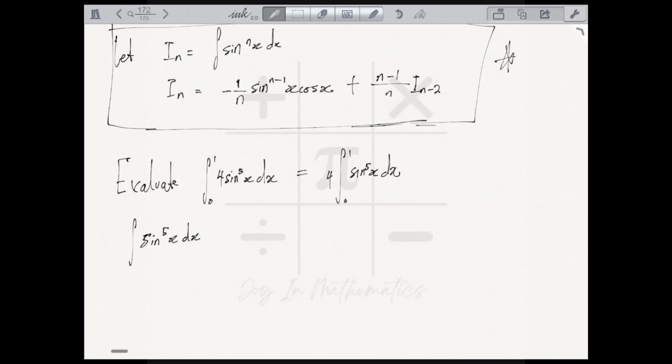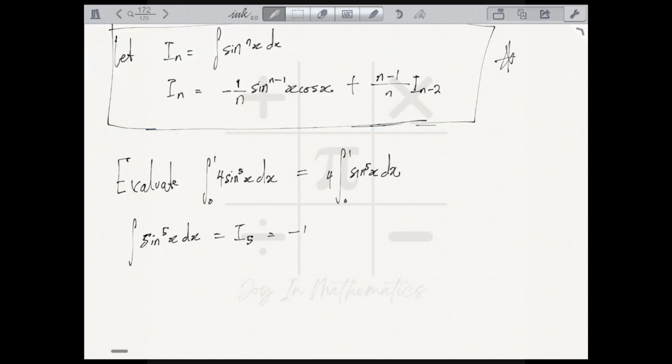So since this is similar to this, that means our n is equal to 5, which gives us I5. So then we make our substitution of n equals 5 in this equation.